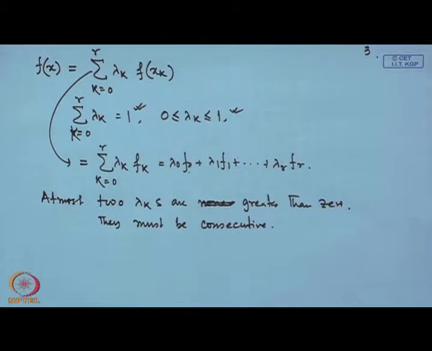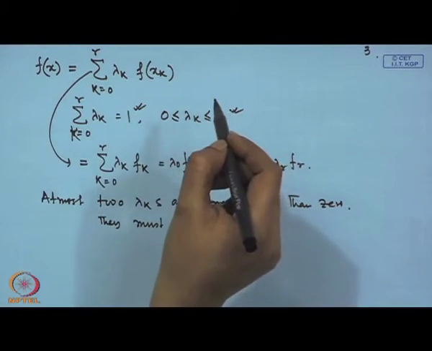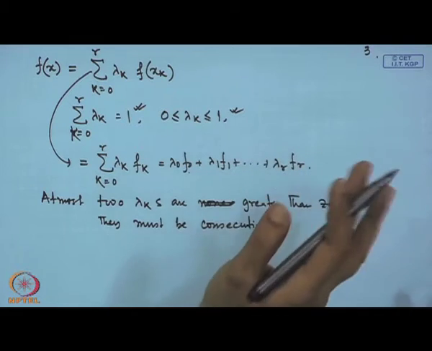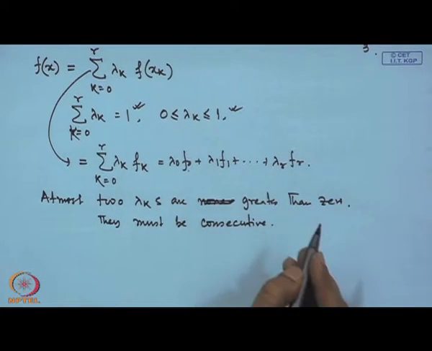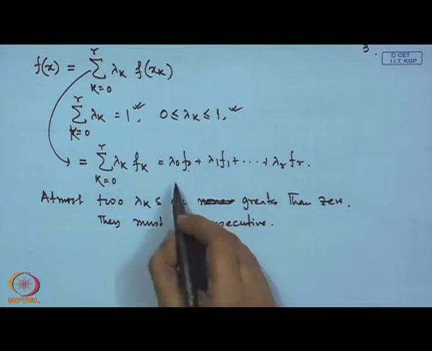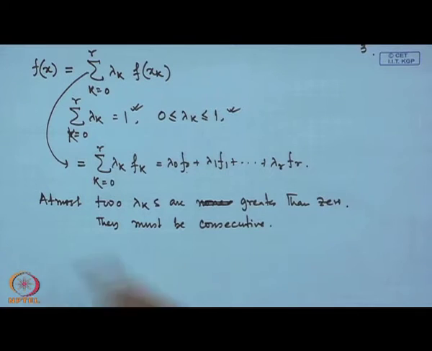Thus, this is the basic principle for handling the separable programming problem, that is, any function which can be written in the separable form, individual functions will be expressed in this way as a combination of linear functions, and we will handle that in the next.